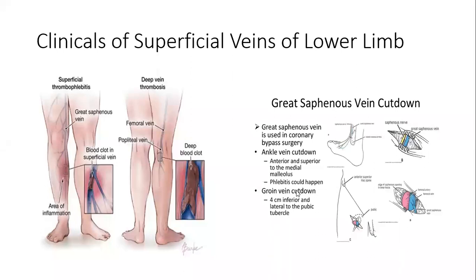When you access the great saphenous vein in the region of groin, you can reach the saphenous vein by two approaches. Number one, by palpating the pubic tubercle and moving down and lateral to it 1.5 inches. You can make a transverse incision 1.5 inches below and lateral to the pubic tubercle.